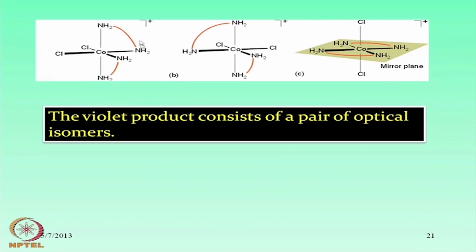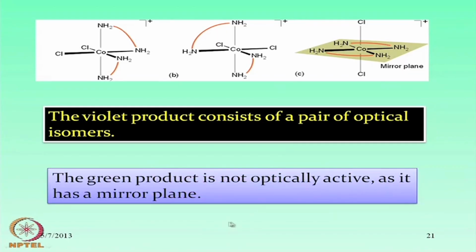So whatever we find and identify, we can label this violet one as the corresponding cis dichloro compound, and these two cis dichloro compounds are optically active. One is labeled as delta and the other can be labeled as lambda. And the green product is not optically active because it has a mirror plane. So the green product, the trans product, is an optically inactive product which we get as one isomeric form.